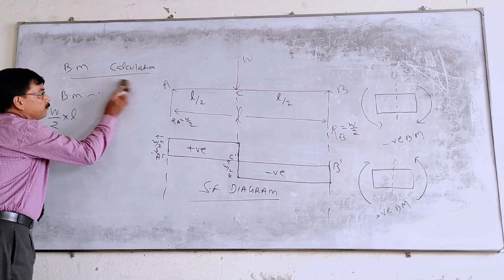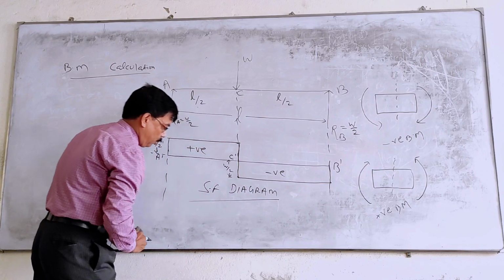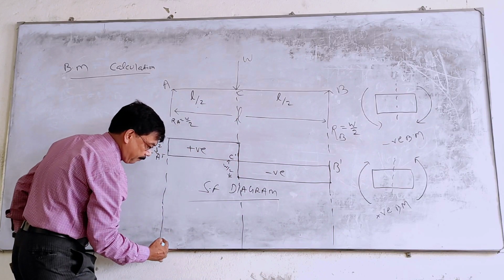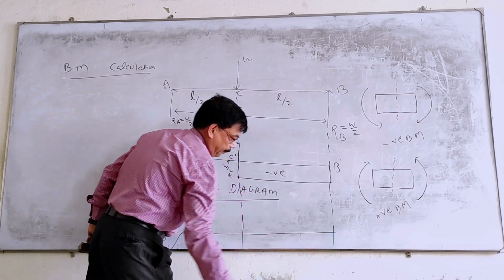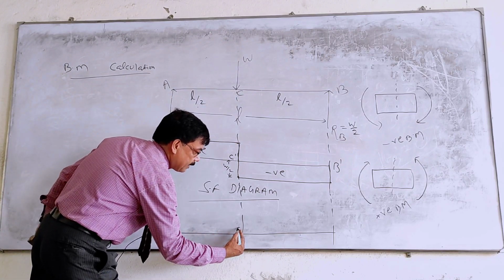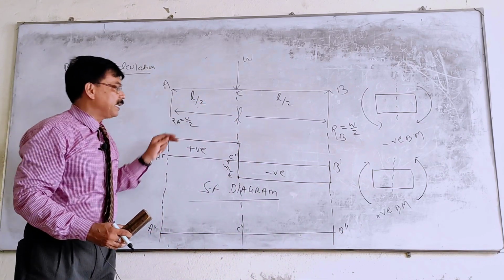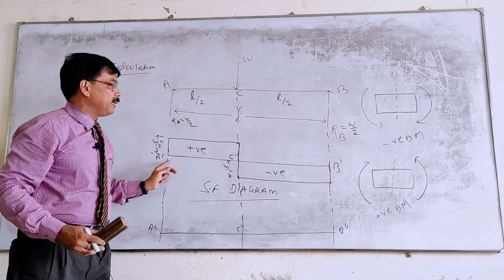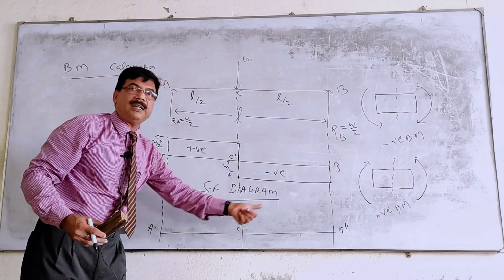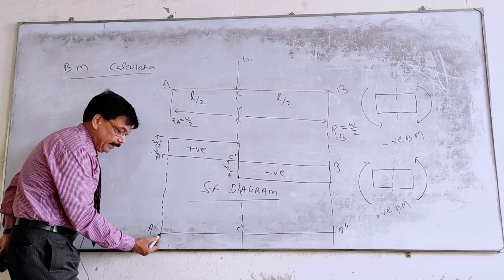Now draw the bending moment diagram. Draw a vertical line, draw the baseline, and mark the limits A double dash, C double dash, B double dash. Either you can keep ACB the same, or use A1 C1 B1, or A dash C dash B dash, anything according to your choice. So bending moment at A double dash is 0.